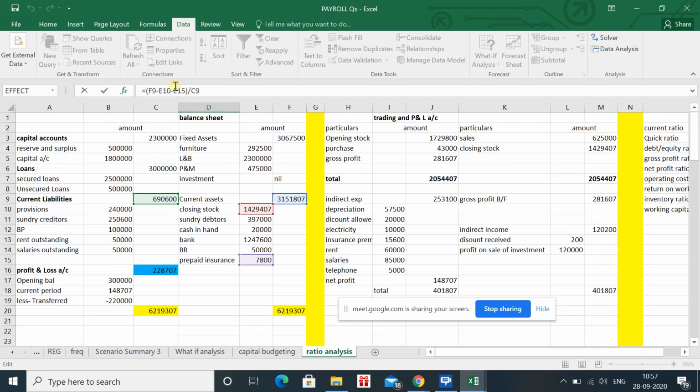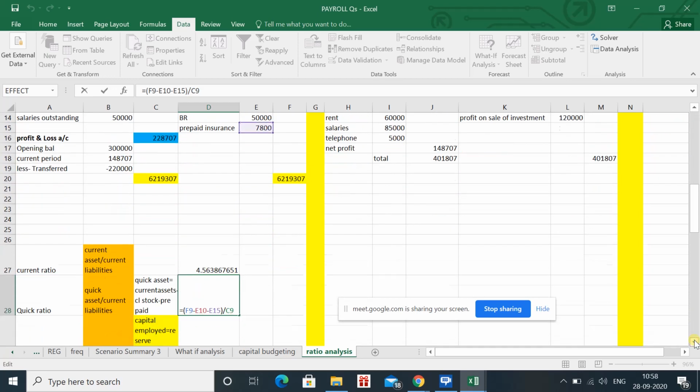F9 is your current asset. From current asset we are deducting E10, that is your closing stock, and E15, that is your prepaid expenses. Then dividing it by the current liabilities, that is C9. Right? So this is the formula for the quick ratio.